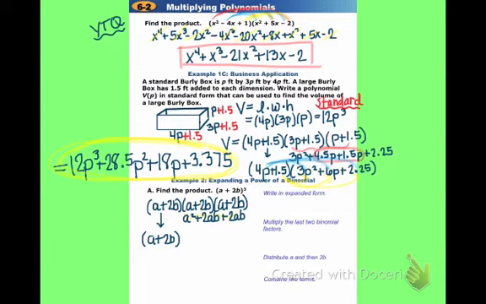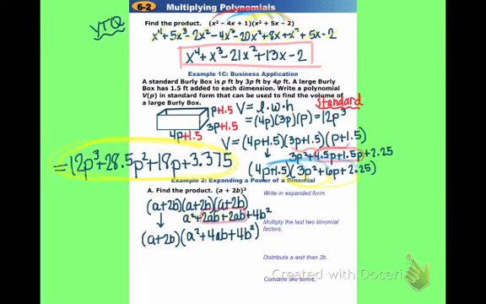And then the last 2 terms, 2b times 2b is plus 4b squared. So I have some like terms here. My like terms are the 2ab and the 2ab. Those are like, so I can put them together, and when I combine them, they give me 4ab. So it turned out that those 2 binomials multiplied gave me a squared plus 4ab plus 4b squared.